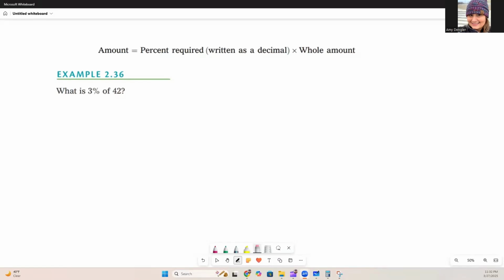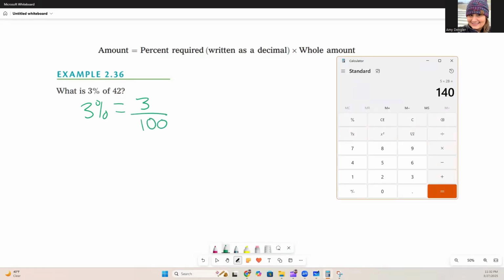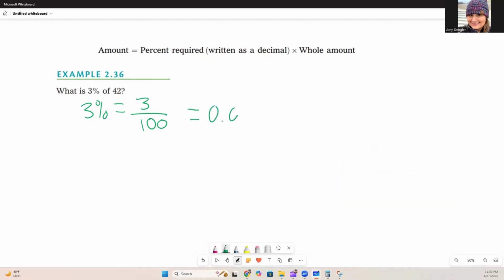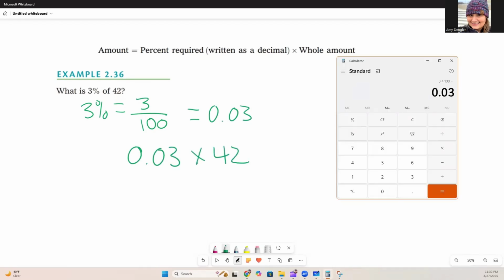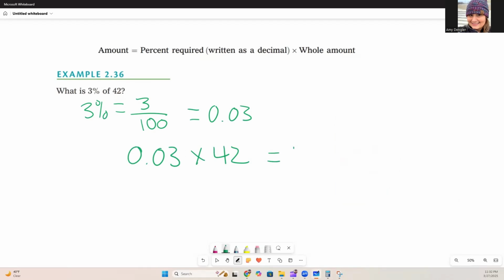So we need to change this 3% into a decimal, and we do that by putting 3 over 100 and then taking out our calculator and doing 3 divided by 100, which is 0.03. 0.03 times 42 will give us the amount, which is 1.26.